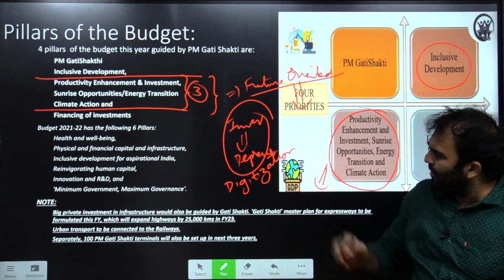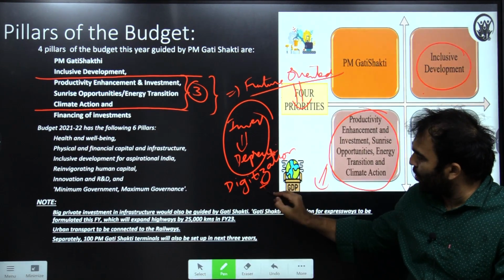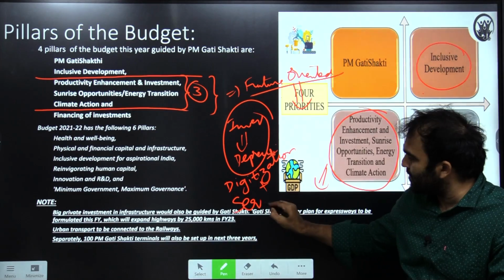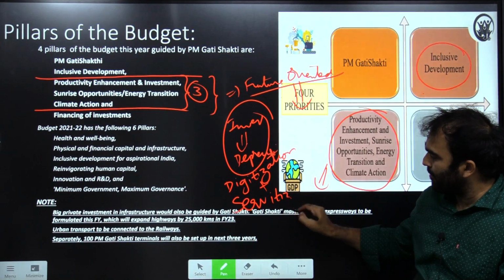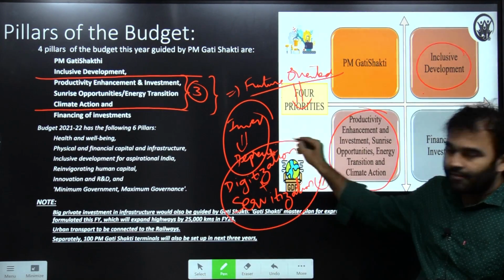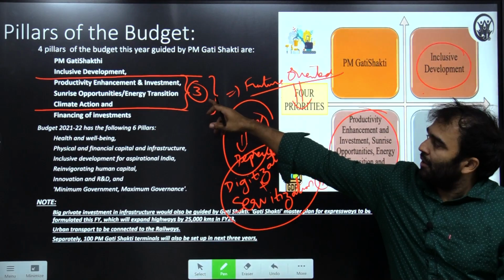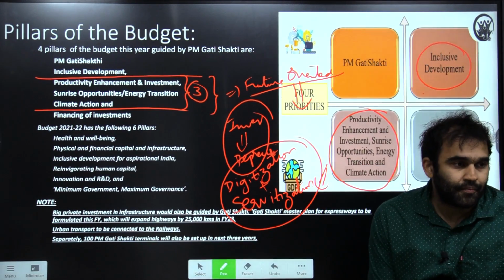We are already almost in the climax of digitization. Plus, we also have something called servitization. Digitization plus servitization. This is what is going to guide your future.